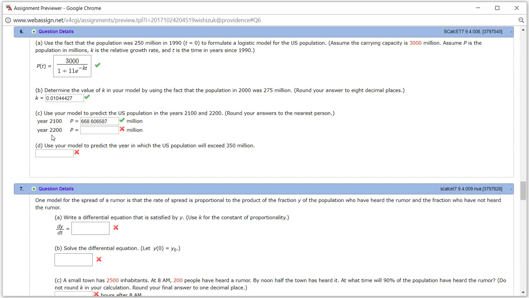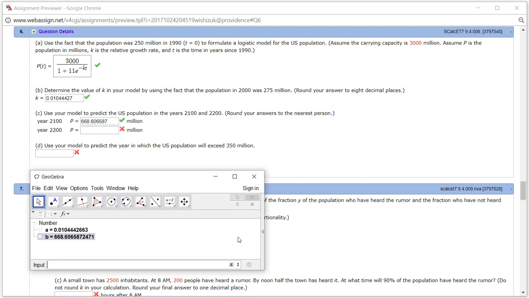All right, so year 2200, so that will be 210 for t. So I'm going to just go ahead and do that. Here I'm going to just do the formula: 3,000 divided by 1 plus 11 e to the negative 0.0104427, and then multiply by 210.